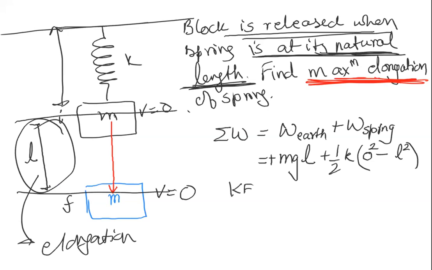Initial kinetic energy we know is 0 because the object was released initially. Final kinetic energy we know is 0 because this is the point where maximum elongation has occurred.